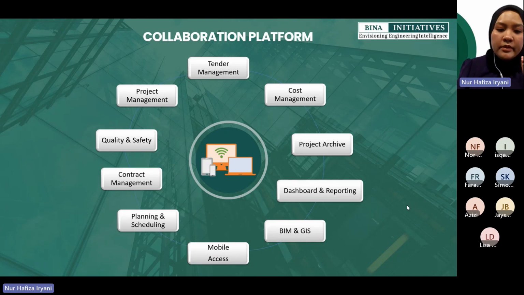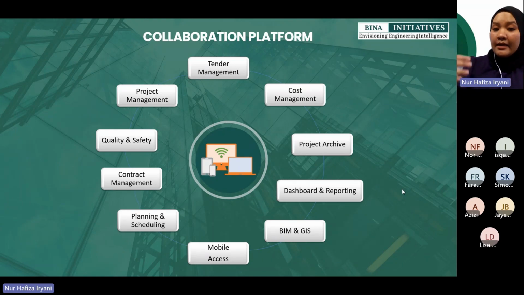And then we talk about the project archive. This is very essential because we are afraid that after we use the EDMS, our data is lost. How do we archive the data? The EDMS will come with a few options where you can schedule an archive of your project from time to time.